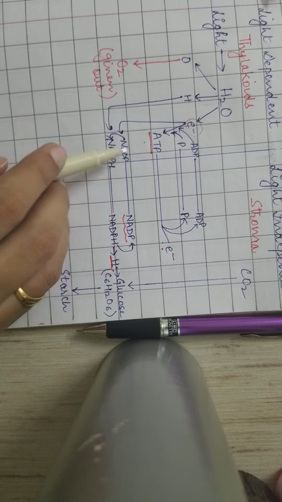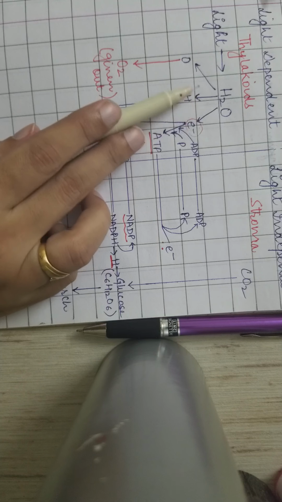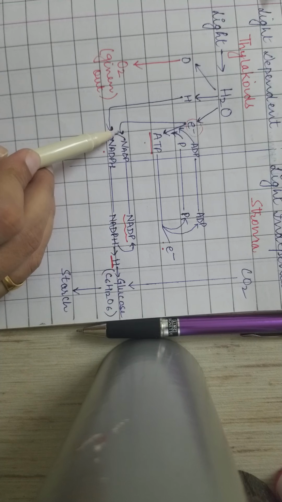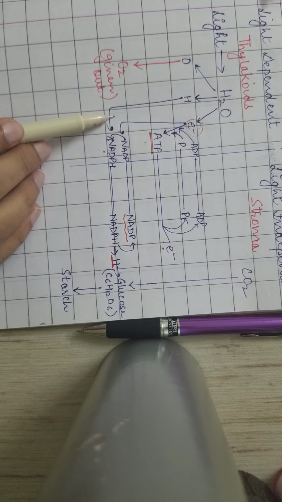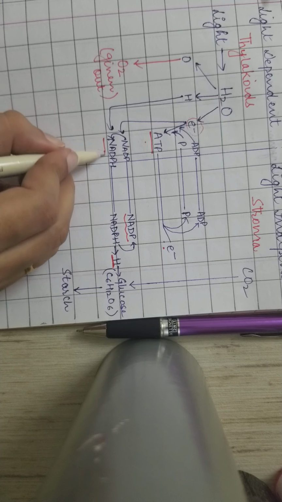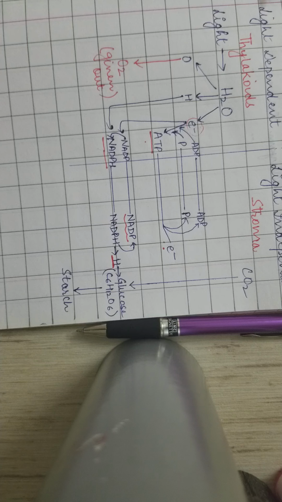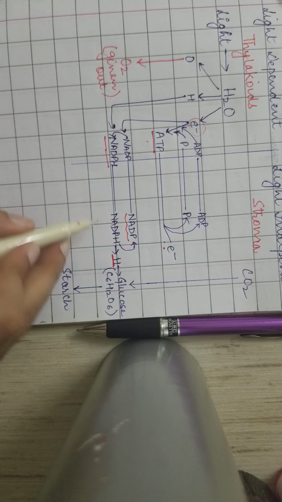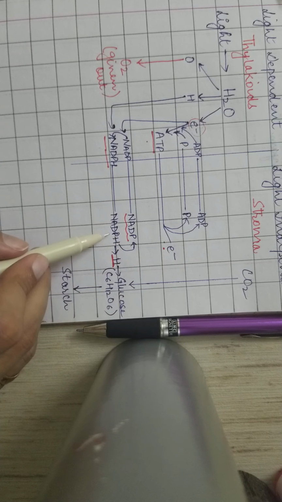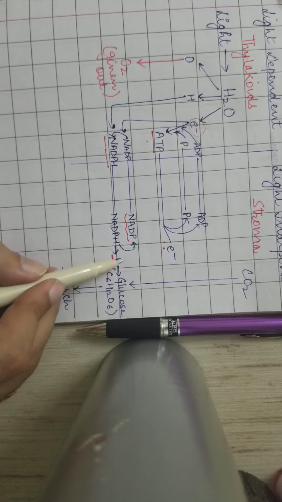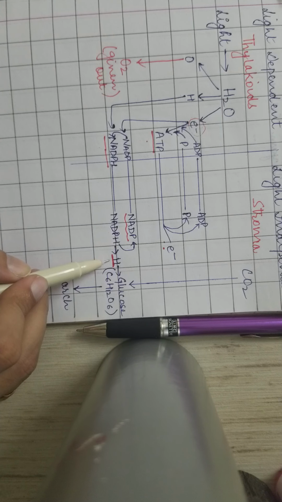This NADP then, during the dependent phase, takes up an electron and a hydrogen ion and gets converted into NADPH. During the independent phase, NADPH releases H positive ions. The hydrogen is released.